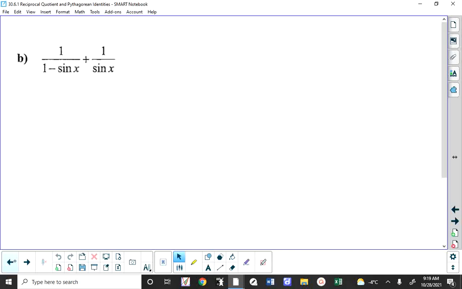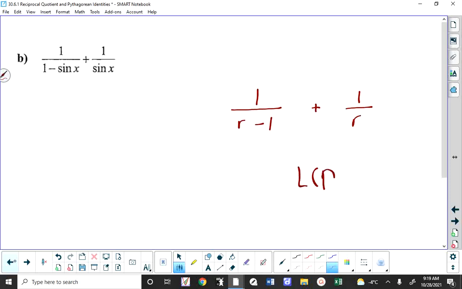Now, if you have fractions, I talked about this yesterday with denominators, but if I had the following fractions that I was going to add together, you have to come up with a lowest common denominator, and the lowest common denominator is always formed by including all of the factors of each old denominator.